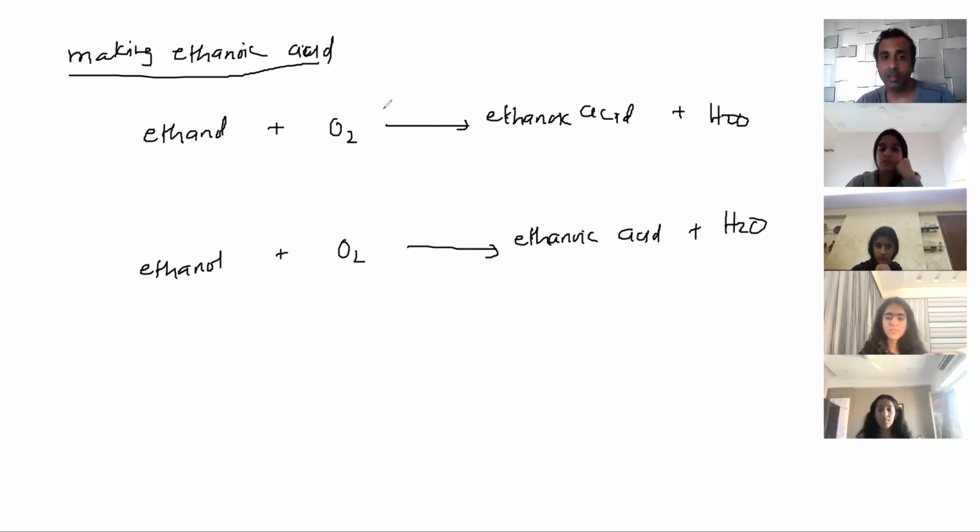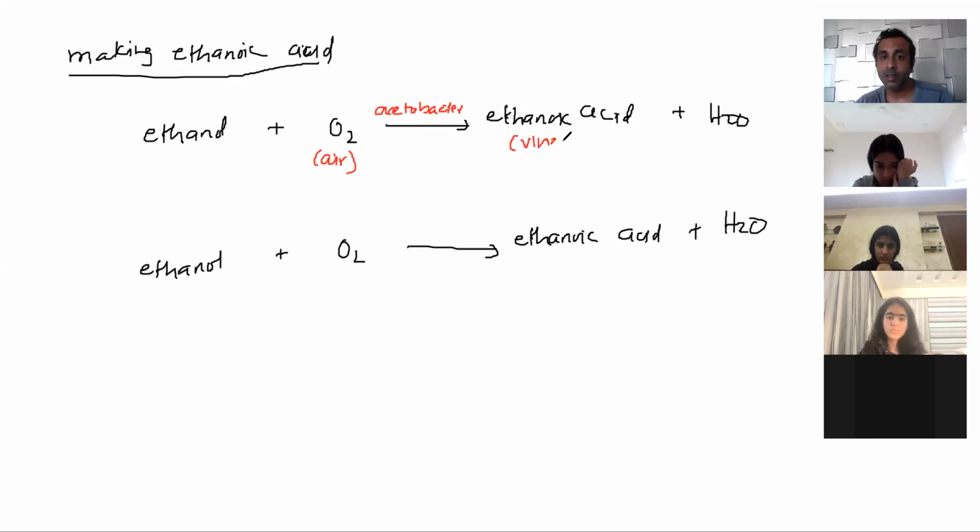So the bacteria here is Acetobacter. Oxygen that you have is coming from air. And thus the ethanoic acid that you get is vinegar. Vinegar is nothing but ethanoic acid, the one which we use in pickles, etc.